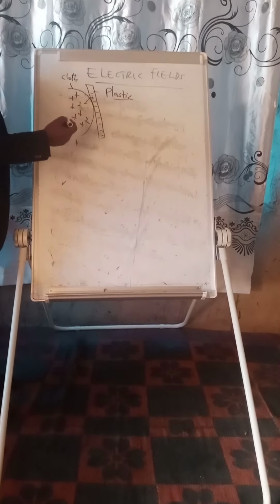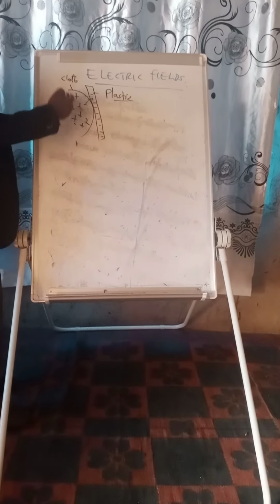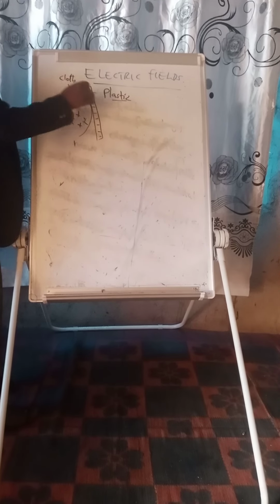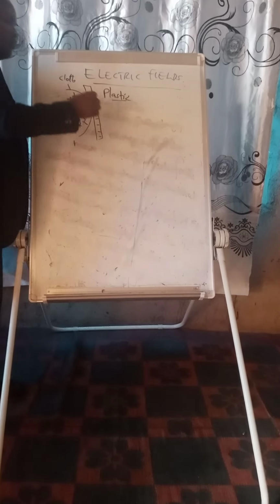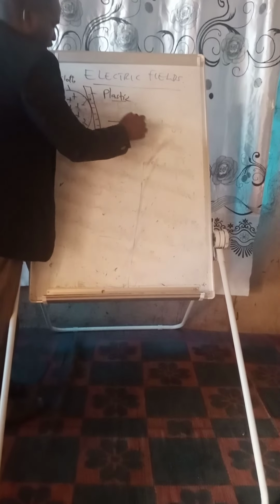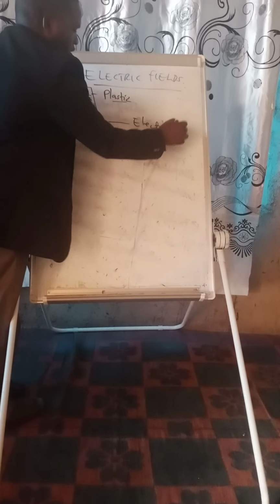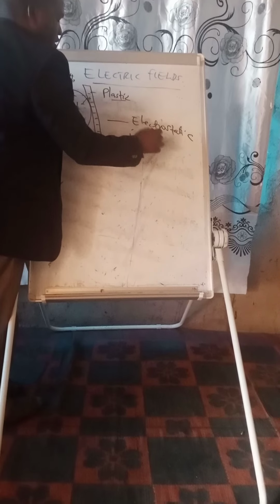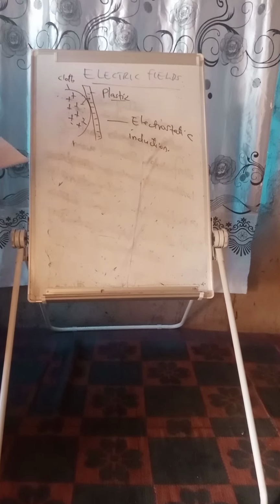So now the object is not neutral, because it has been charged. This is a positive charge and this is negatively charged, and this whole process is known as electrostatic induction.